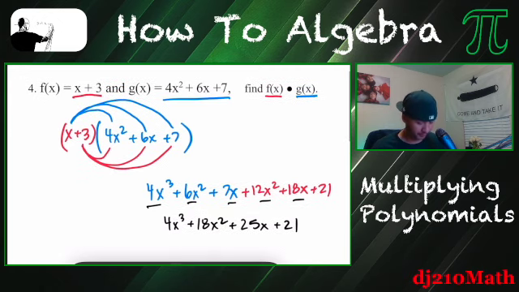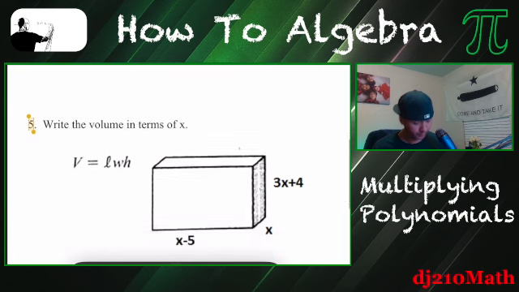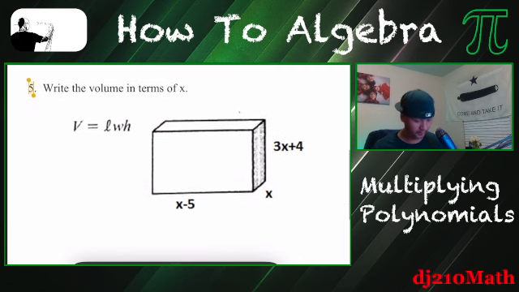All right. Here's some more interesting ones. So write the volume in terms of x. So volume is equal to length times width times height. Length, width, height.